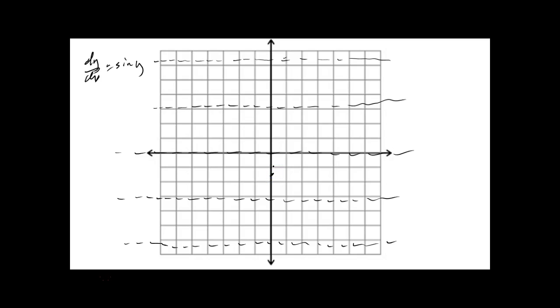Now, there's nothing here that tells you which way it's going. It's bounded above and below by critical points, below by the minus pi. This is minus pi here. This is minus 2 pi here. This is 0 here, pi here, and 2 pi here.